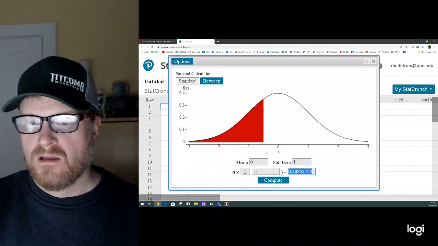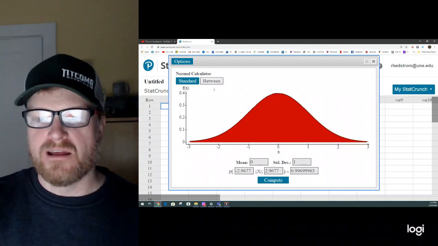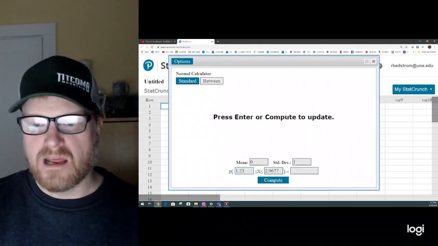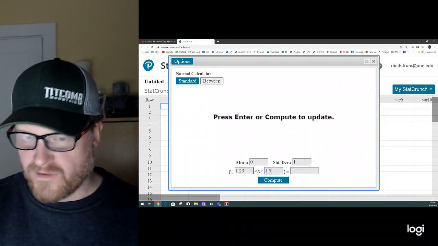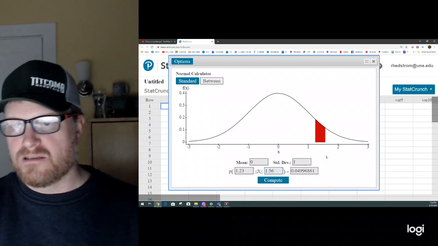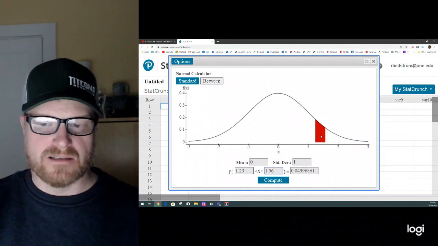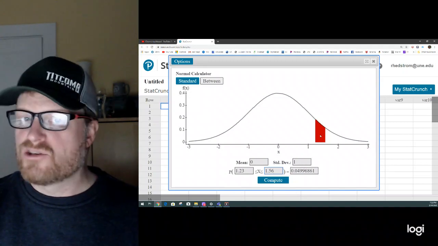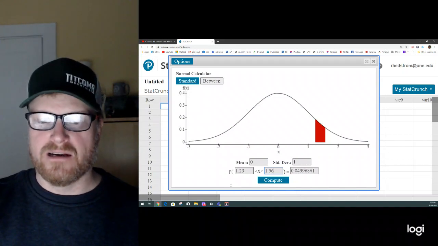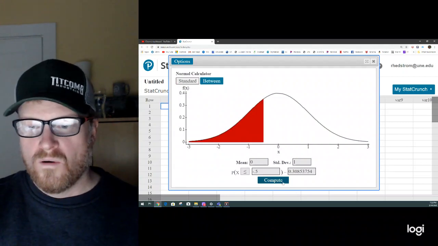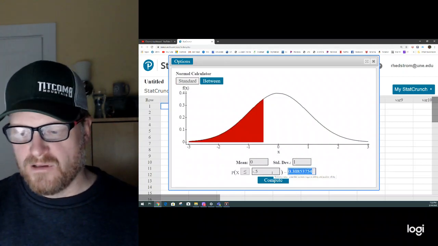You can ask, what's the probability that it's between 1.23 and, let's say, 1.56? It's just about 5%, and it represents this little slice. So there are 2 ways to use this normal calculator: you can type in values for your random variable, or you can type in probability values.